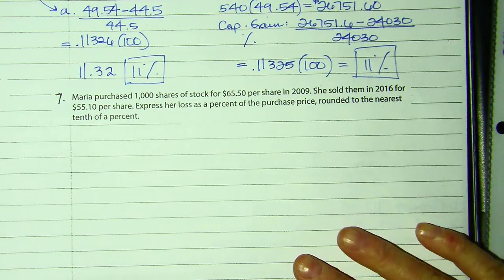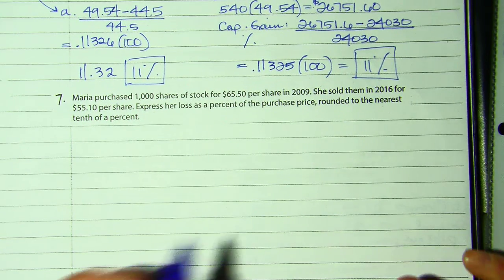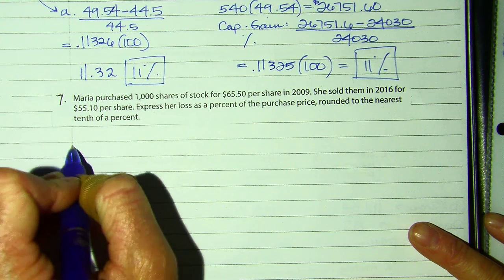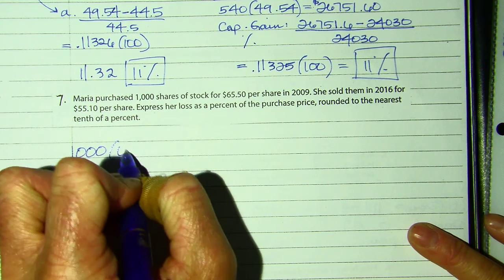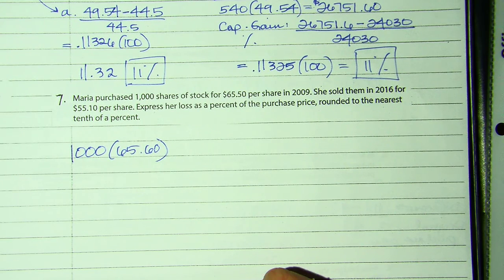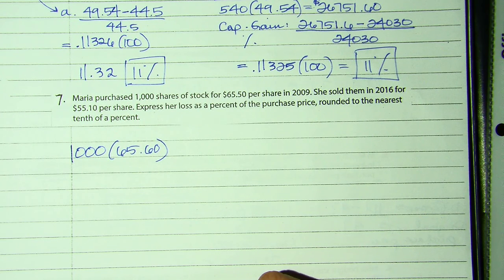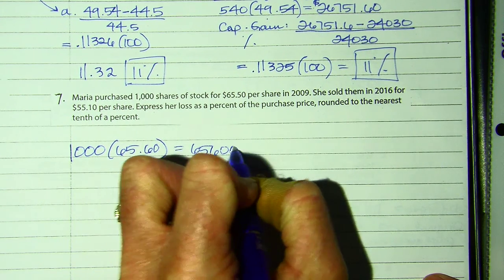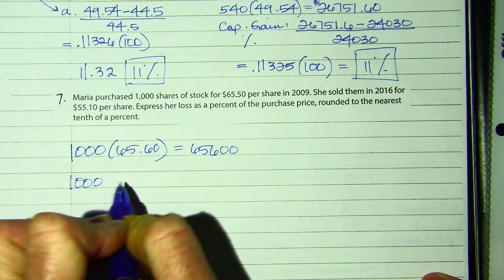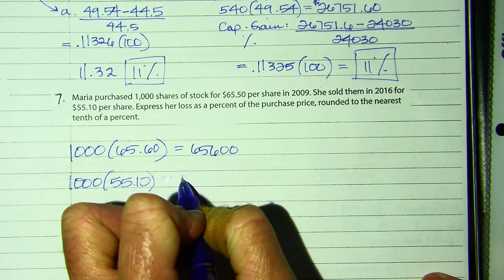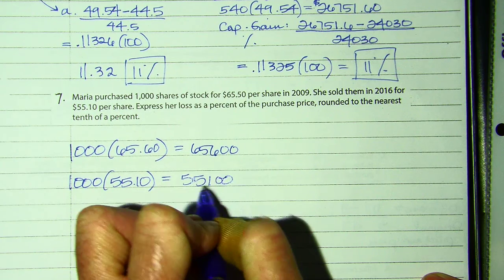Last one, Maria purchased 1,000 shares of stock. So I'm going to do 1,000 shares times $65.60 to figure out how much she paid. And 1,000 times 65.60, you're just going to move the decimal 3 places, but you should get $65,600. But later, she was only able to sell them for $55.10. So she only made $55,100.